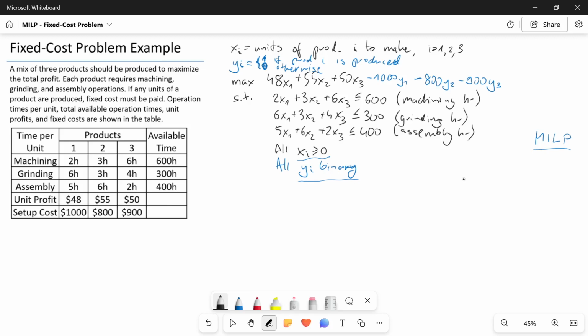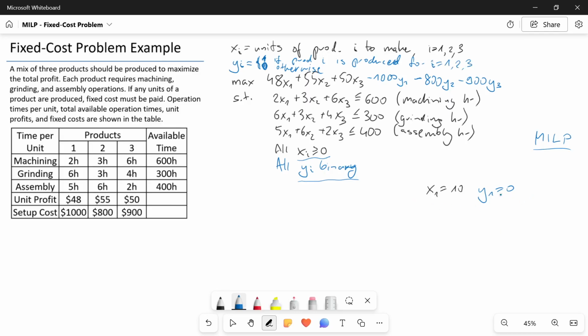So for example, I could have a case where, let's say, x1 is equal to 10, but on the other hand, y1 could be equal to 0, which means I'm producing that, but this variable is indicating I'm not producing. One should be if we produce product i, for i equal 1, 2, 3.